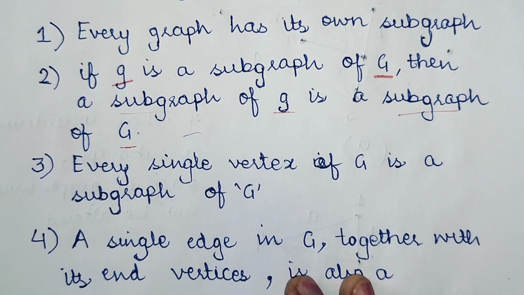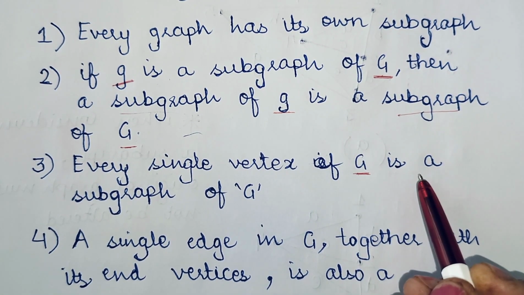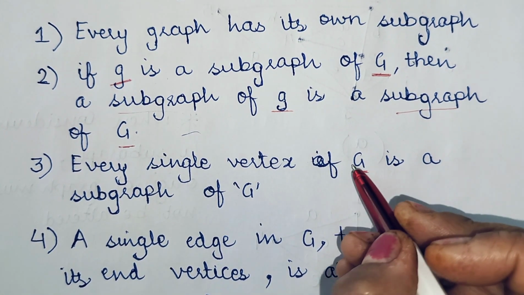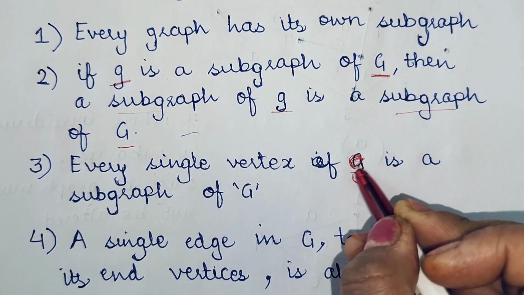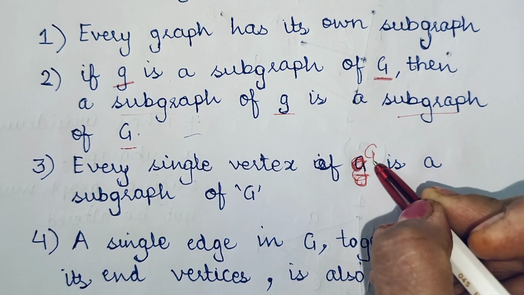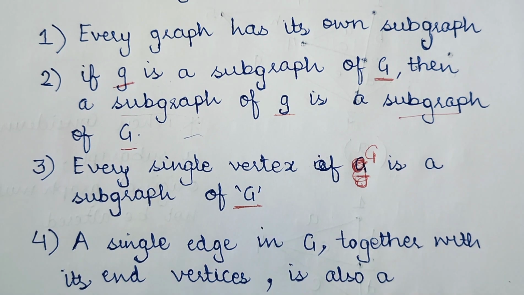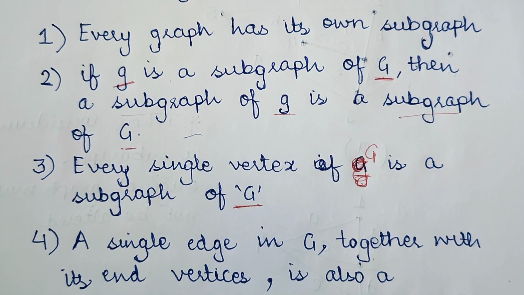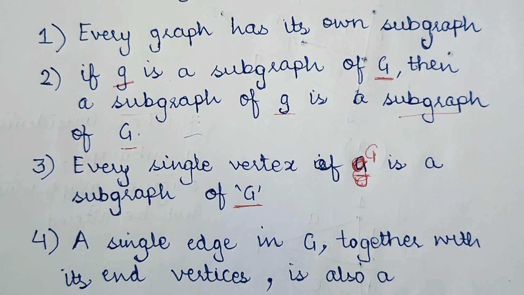Every single vertex of capital G is a subgraph of capital G. Now, when we were studying the introduction of graph theory, I told you that there can be a graph without edges, but there cannot be any graph without vertices.